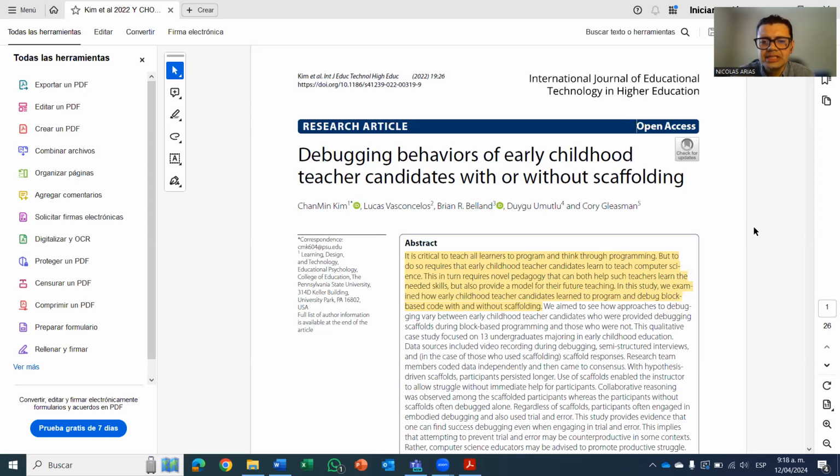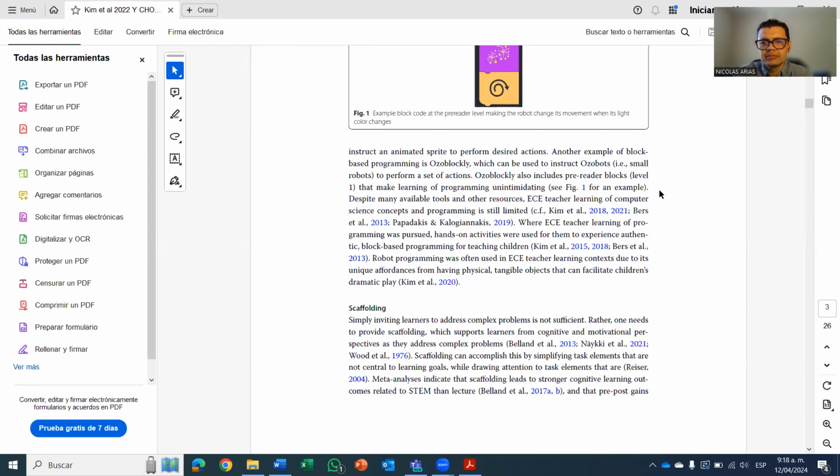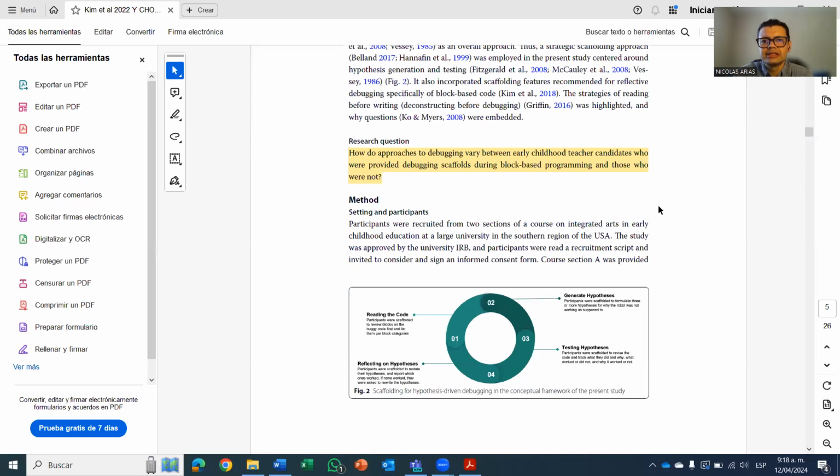In this study, we examined how early childhood teacher candidates learn to program and debug block-based code with and without scaffolding. This is important because it is limiting the scope of the article. And in another part, they state the research question, saying: how do approaches to debugging vary between early childhood teacher candidates who were provided debugging scaffoldings during block-based programming and those who were not?